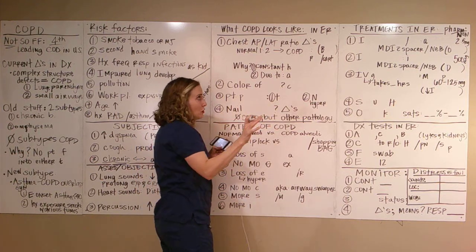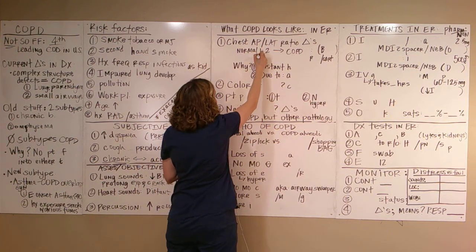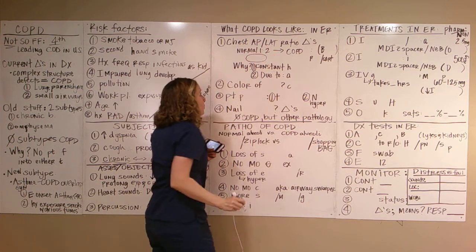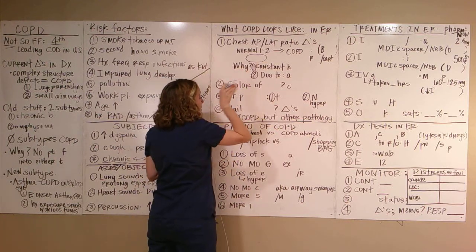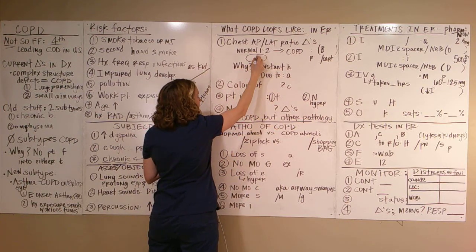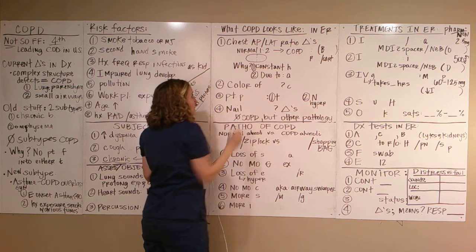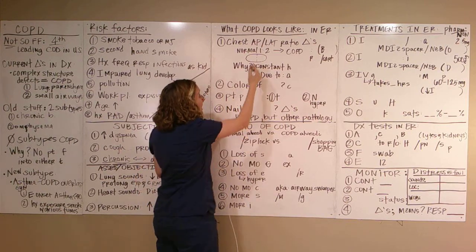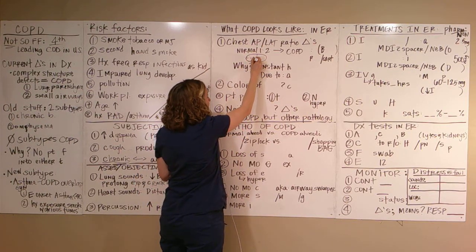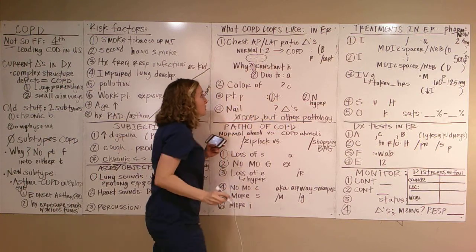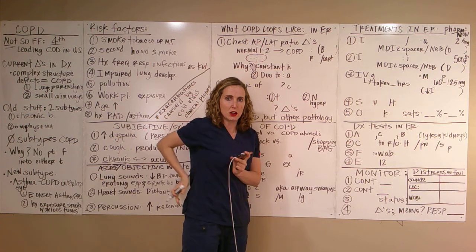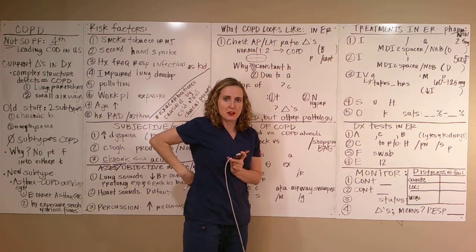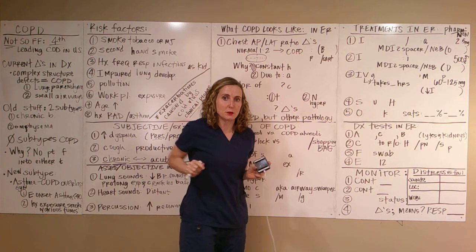If you don't know what AP to lateral ratio is, if I draw a bird's eye view of the chest cavity, looking down into the patient, a cross section, then our AP is our anterior to posterior. That's our distance from the front to the back, right? And then our lateral is from side to side. Does everybody agree that we should be twice as wide as we are thick? So the distance from the front to the back should be half the distance from side to side.